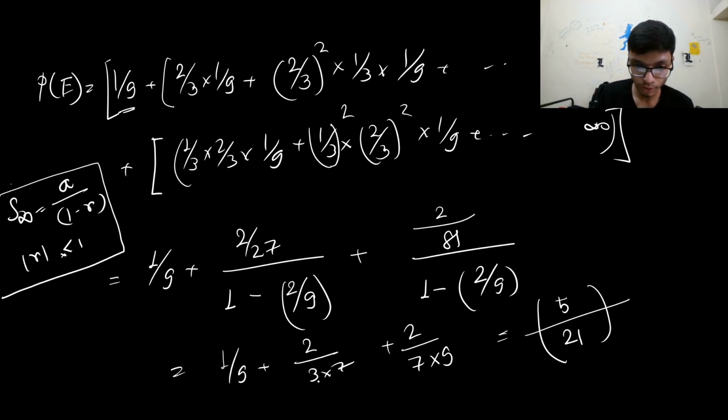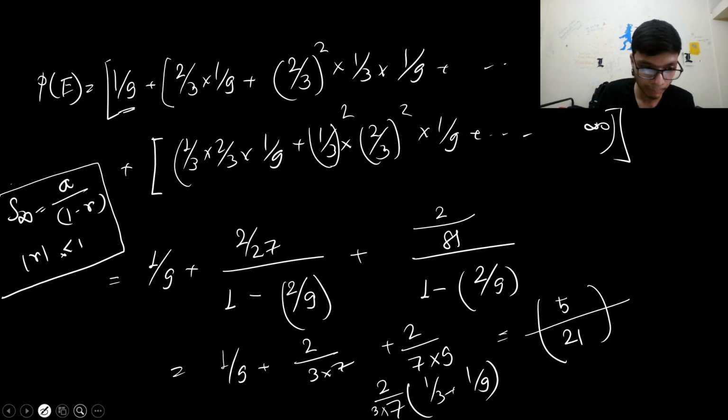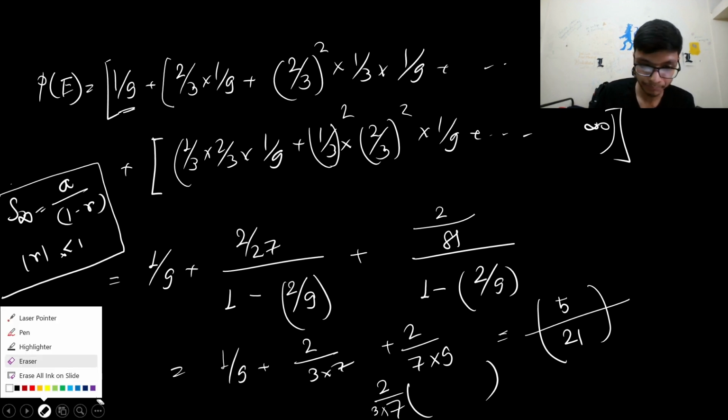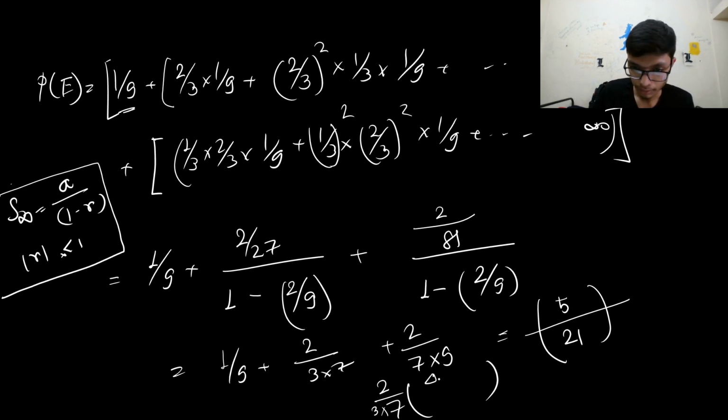Okay, so if you solve it on your own, you can definitely approach this by taking 2 and 7 common from here. This will be 1 by 3 plus 1 by 9. Also you can take 1 by 3 common, so this will be 1 plus 1 by 3, that is 4 by 3. So it will become 4 by 3 plus 1 by 9.